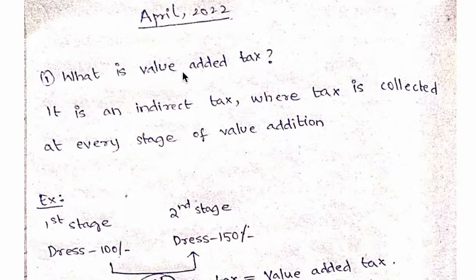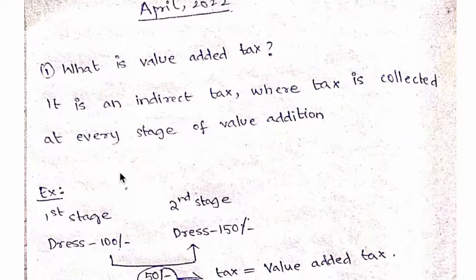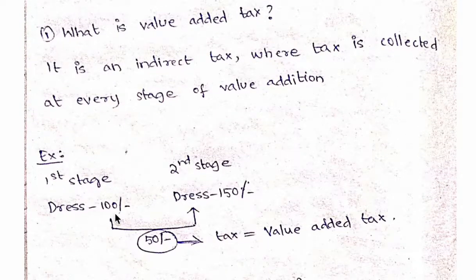This value added tax is an indirect tax where the tax is collected at every stage for value addition. For example, let's say a dress costs 100 rupees at the first stage. After the dress got completed, it has added 50 rupees extra.